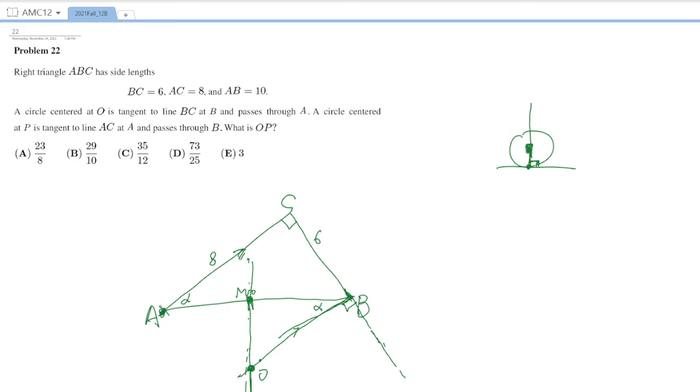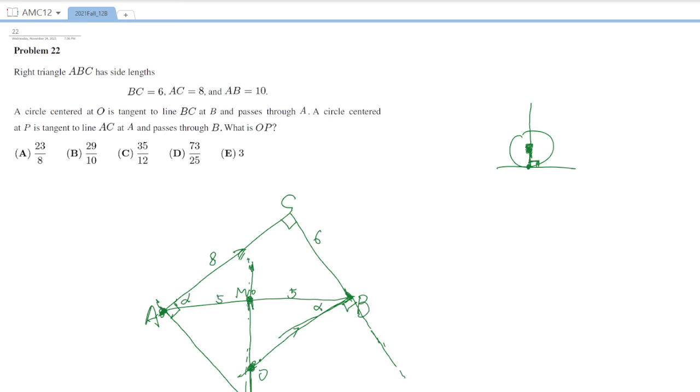It must lie on the line perpendicular to AC, at 90 degrees, and it also needs to pass through B. So PA needs to equal PB, so it's also on the perpendicular bisector. Basically this problem is to let you think where the center is. Once we have this picture, everything is simple.